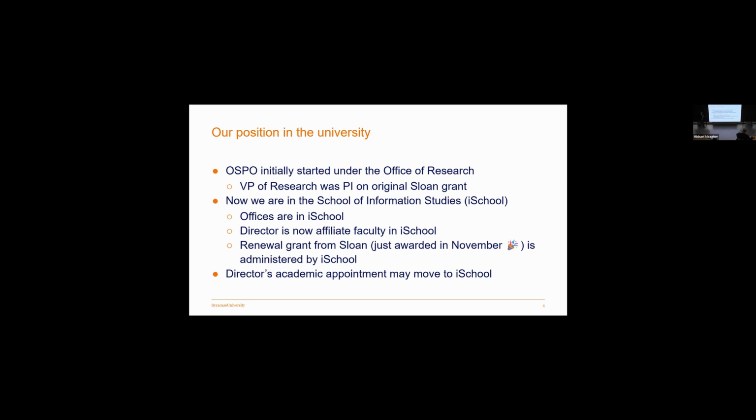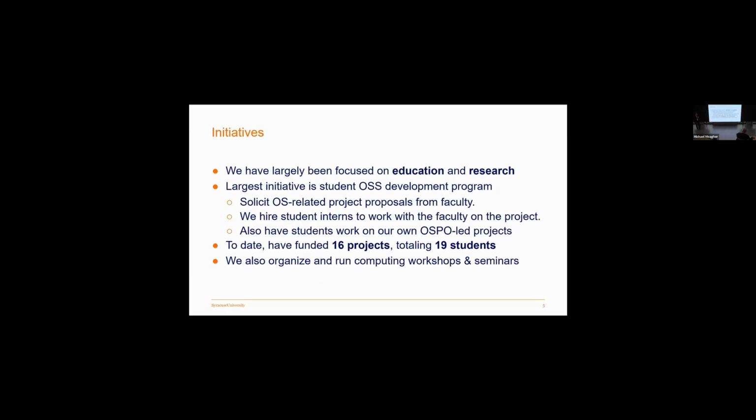I come from a physics background, but I now also have a joint appointment in the iSchool. And our renewal grant, which was just awarded in November, so thank you, Sloan, is now administered by the iSchool. This affiliate faculty role is kind of honorary, but my actual academic appointment may be moving to the iSchool in the next couple of years.